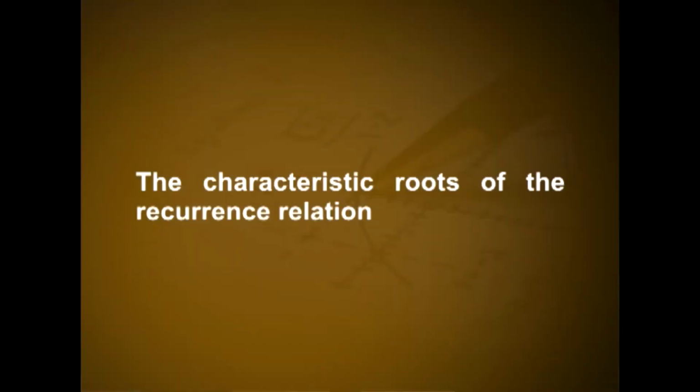Consequently, the sequence a_n = r^n is a solution if and only if r is a solution of this last equation, which is called the characteristic equation of the recurrence relation. The solutions of this equation are called the characteristic roots of the recurrence relation.